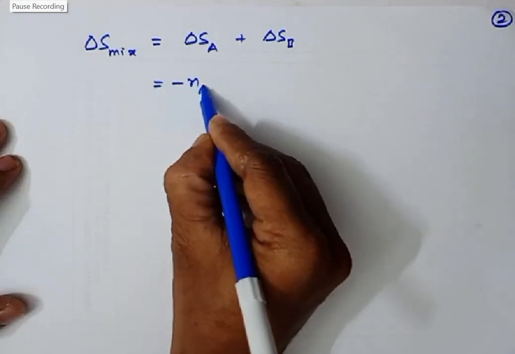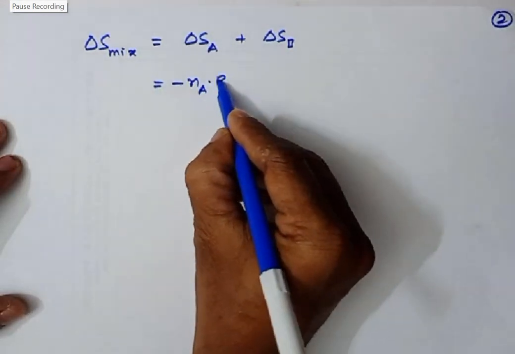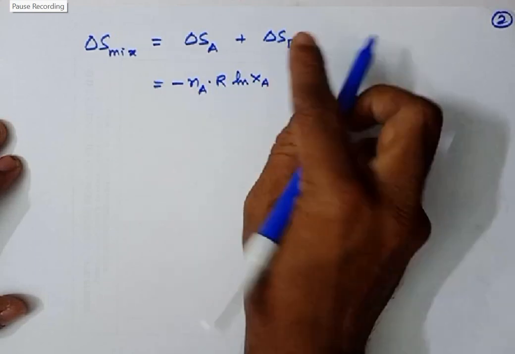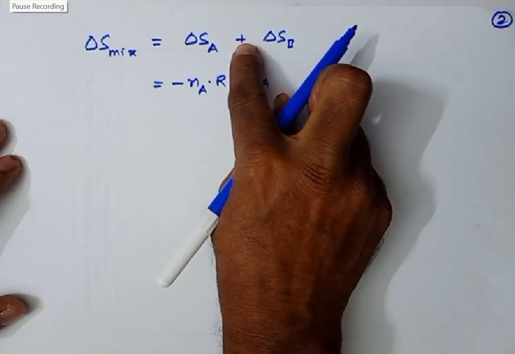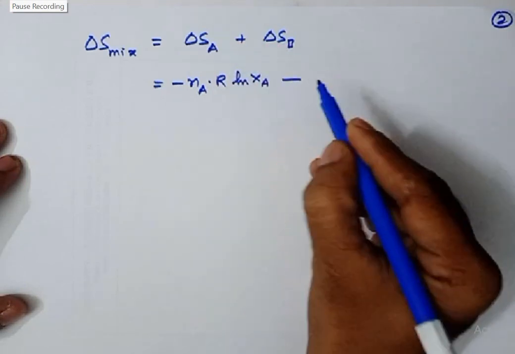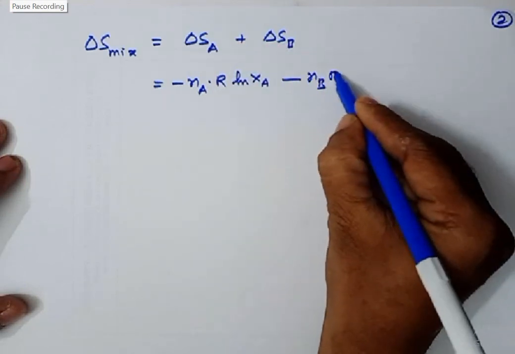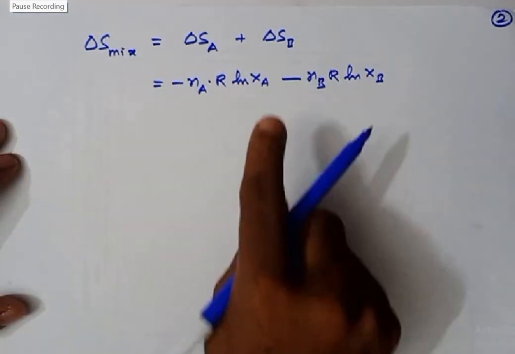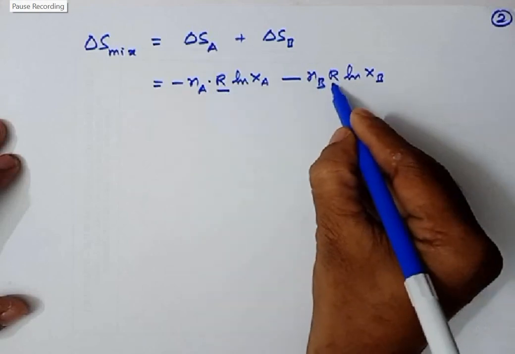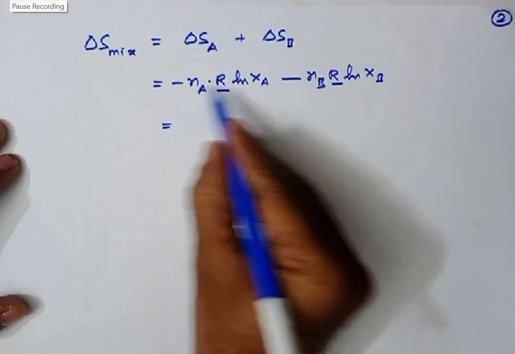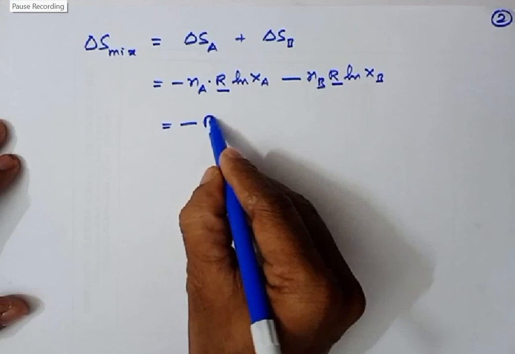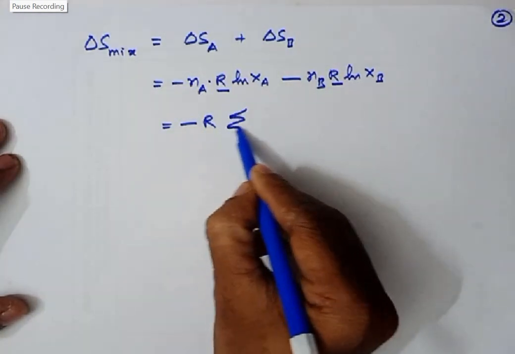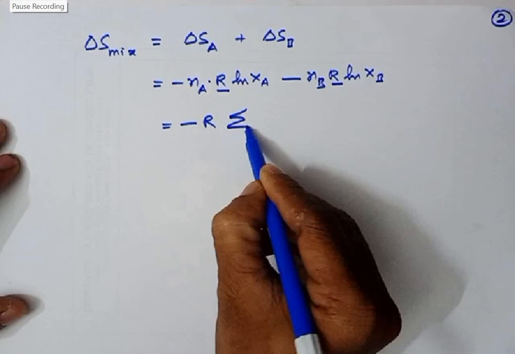Let me write minus number of moles of A into R ln XA, and minus number of moles of B R ln XB. Listen, here we have R, here we have R, so R is constant, you can take it out. You can also take minus as common, so minus R, and I can write summation. You need not write it for each gas.